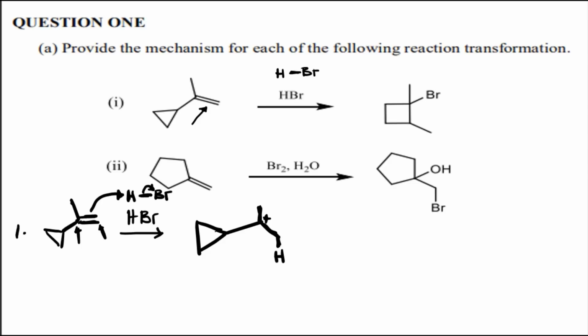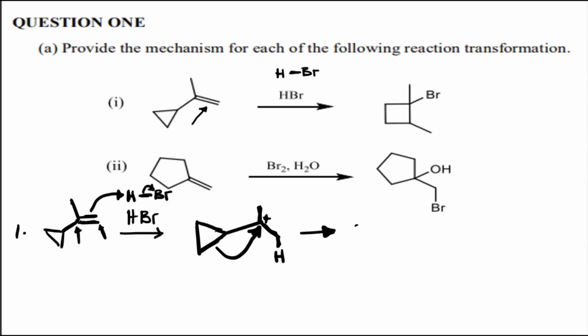Now, when this compound forms, this carbocation that is here is adjacent to a ring. So there's going to be ring expansion. This methyl group that is here is going to shift to where the carbocation is, and there's going to be ring expansion. Initially there was a 3-membered ring.